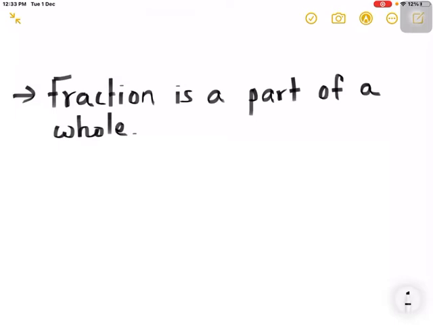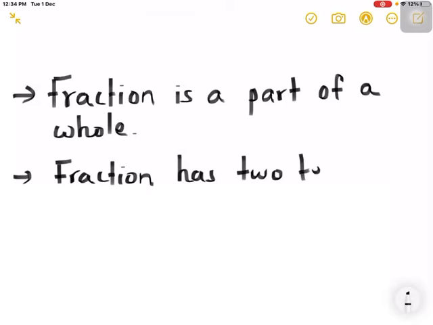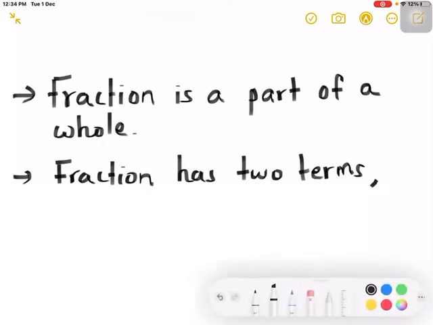The fraction has two terms. What are they? Two terms: a numerator and a denominator. Let me write.